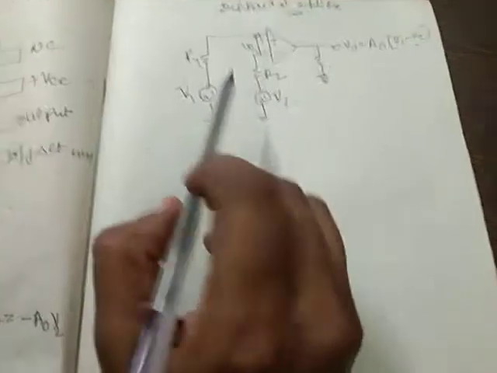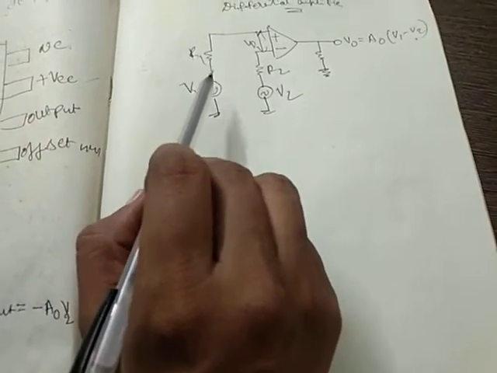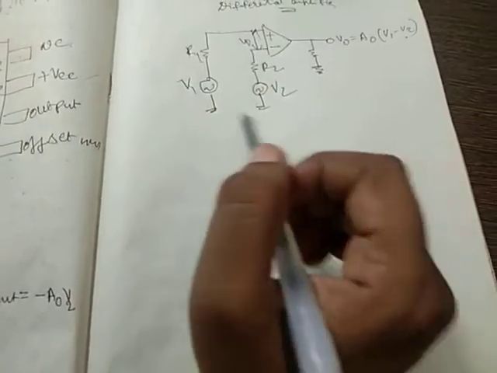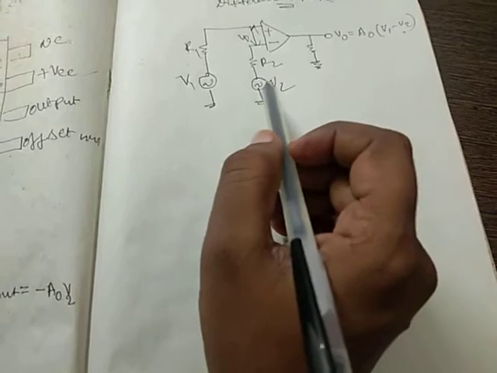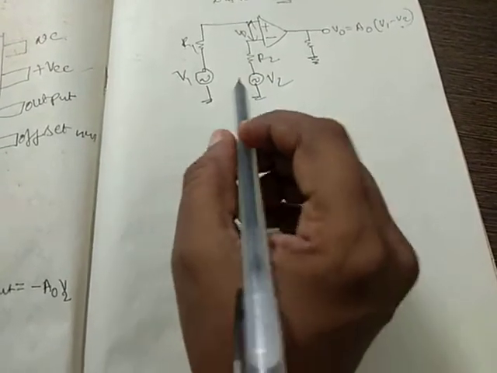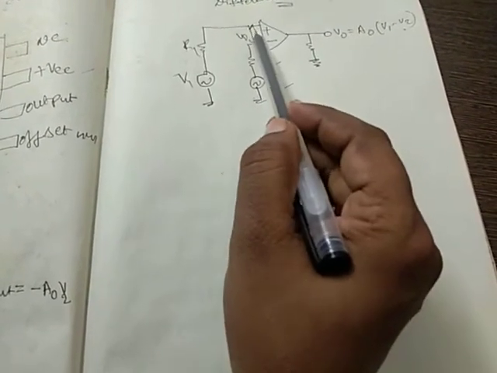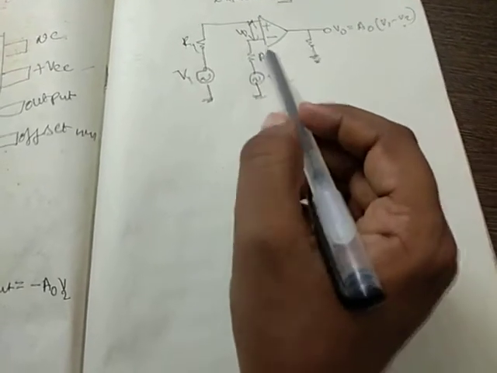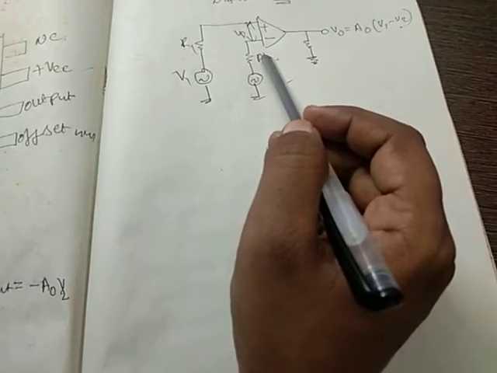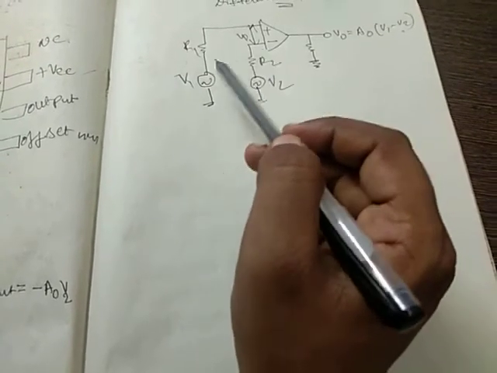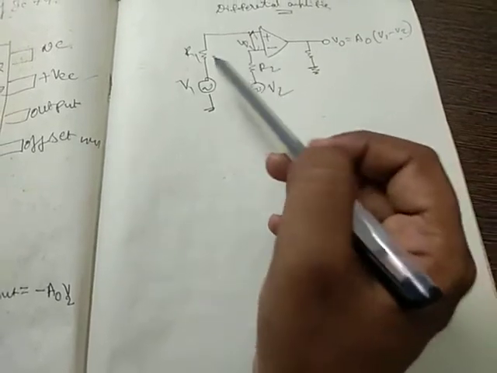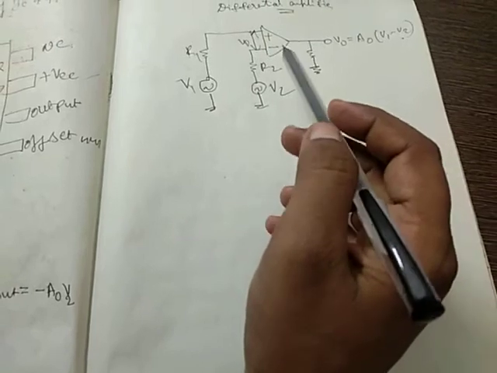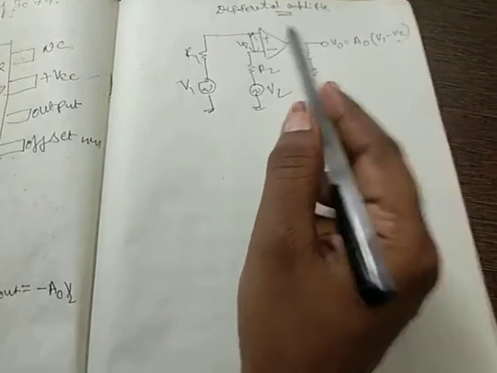This is the differential amplifier with open loop configuration. In the op amp, the positive terminal is called the non-inverting terminal and the negative terminal is called the inverting terminal. The input V1 is applied to the non-inverting terminal through R1, and V2 is applied to the inverting terminal through R2.